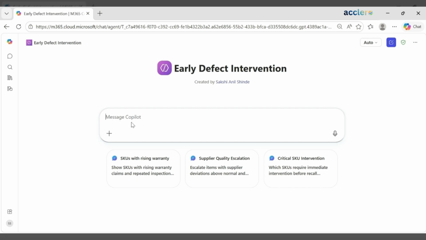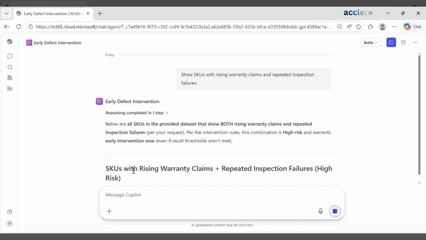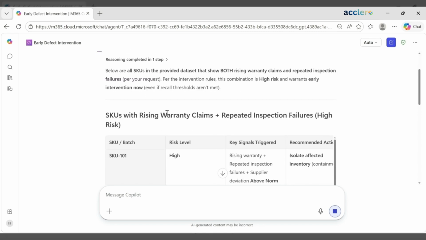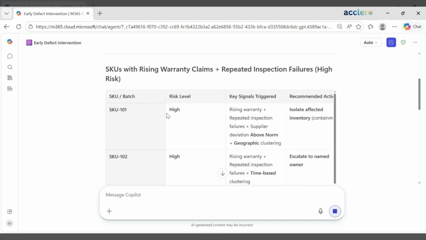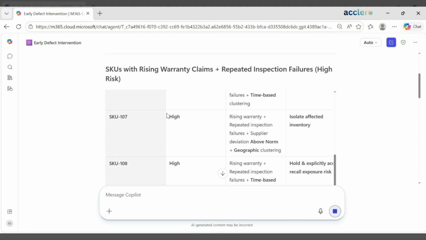So let us test the agent. Here I ask the agent to show the SKUs with rising warranty claims and repeated inspection failures. The agent identifies the SKUs showing both rising warranty trends and repeated inspection failures, a strong early risk combination.